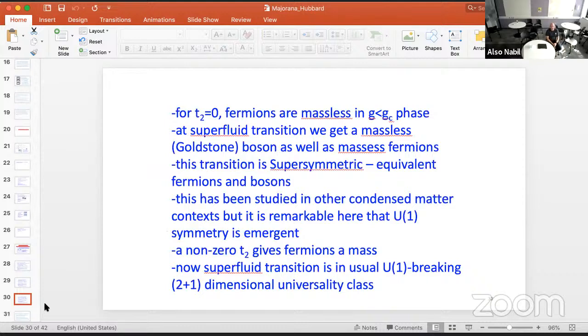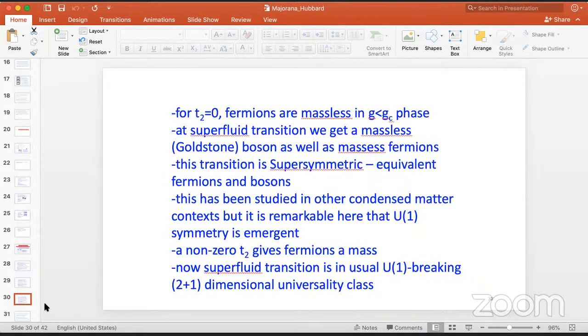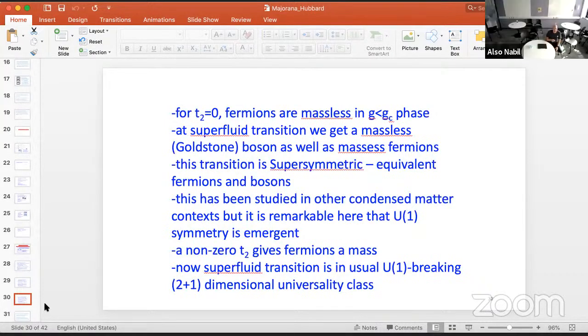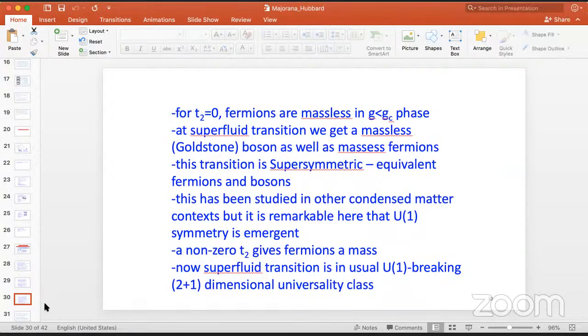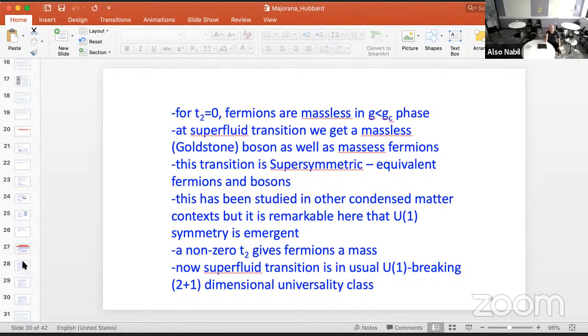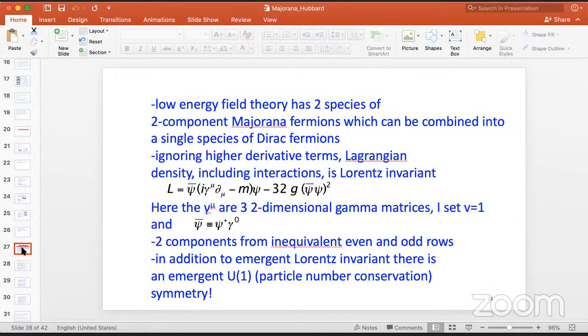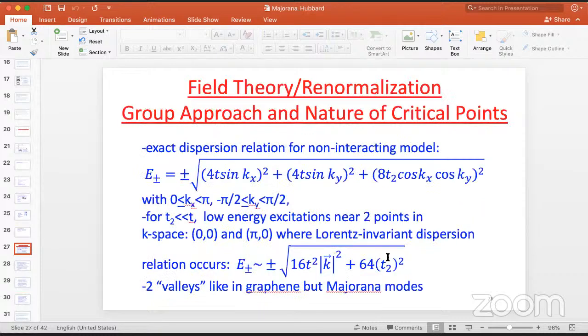So I have a quick question. Yep, go ahead. The non-zero T2 gives fermions a mass. Now T2 is a parameter in the UV Hamiltonian. What's special about T2 = 0? Well, if you look at the dispersion relation, if T2 is 0, we have a gapless dispersion relation, and we remain in this gapless dispersion relation.